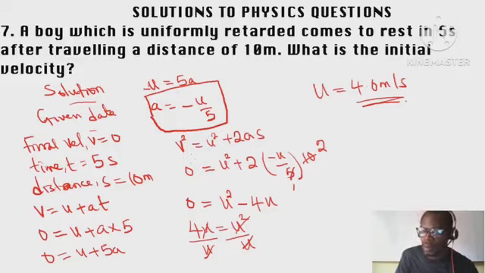That means the final velocity is still 0, and u is what we are looking for. And we have the deceleration now, which is minus u over 5. Then we are also given the distance, which is 10. We have worked out the value of u, and that is how we get the answer. Hope you understand that.